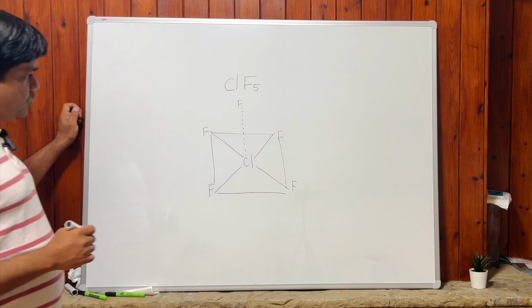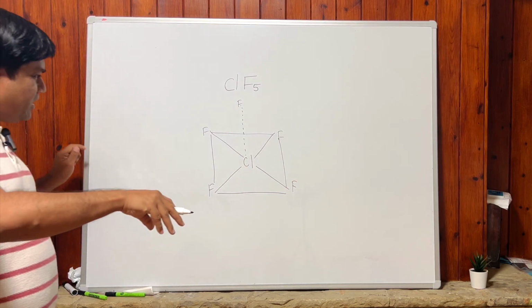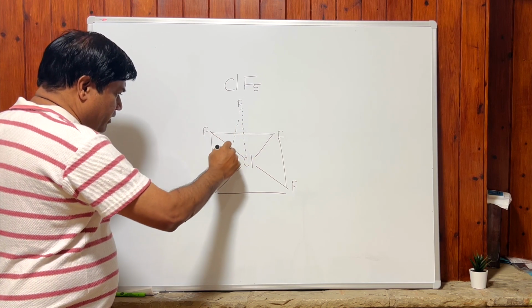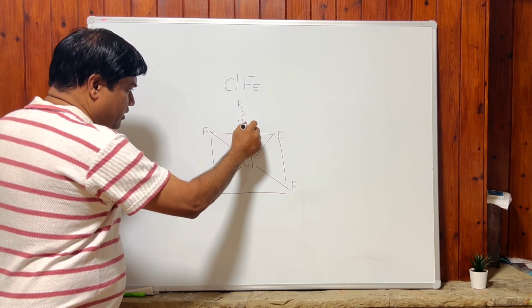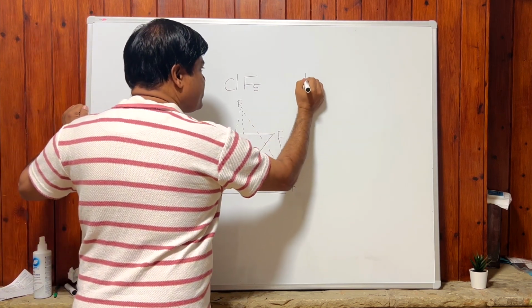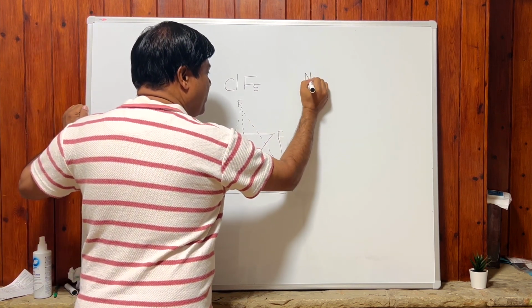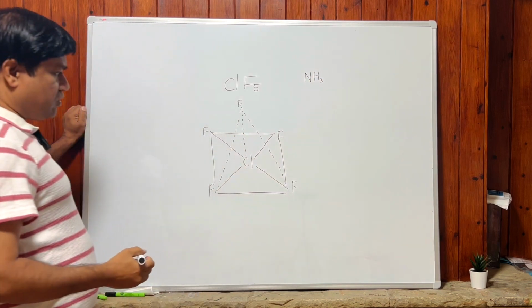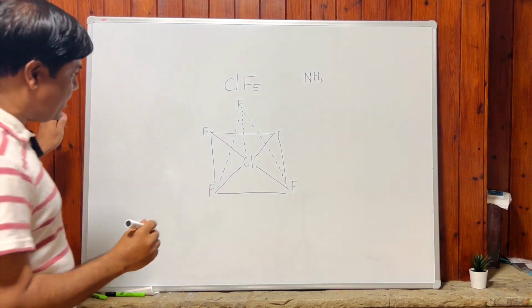How does the molecule look to you? Isn't it like a pyramidal shape? Like a pyramid. So in case of ammonia, we have seen trigonal pyramidal, but this is square planar pyramidal.